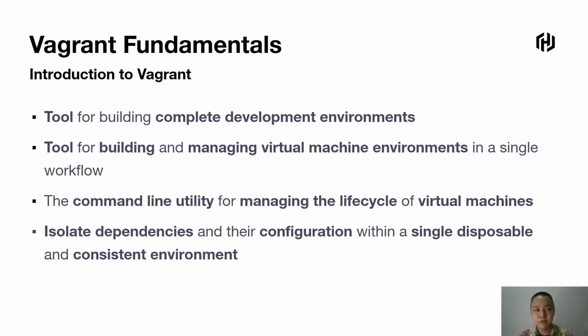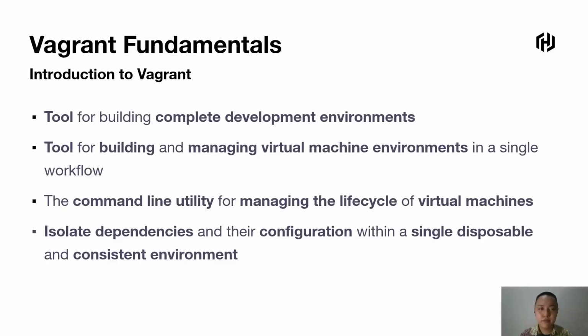Second thing, what's Vagrant? Vagrant is a tool for building and managing virtual machine environments in a single workflow. Have you ever wondered about setting up a virtual machine manually? It will be hard, right?